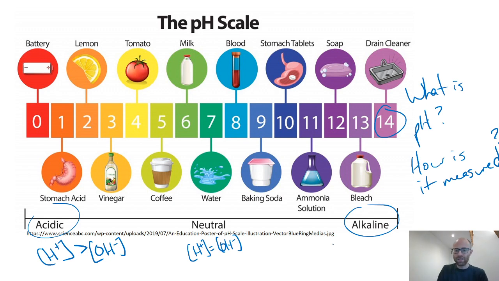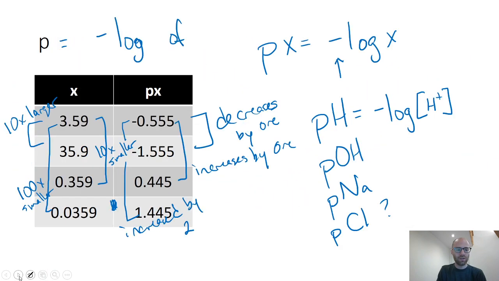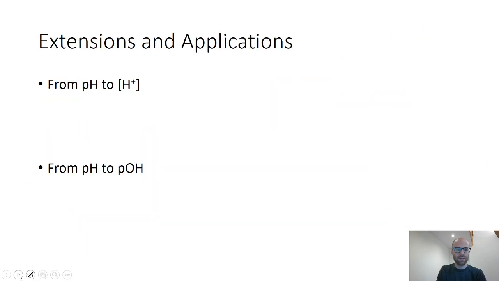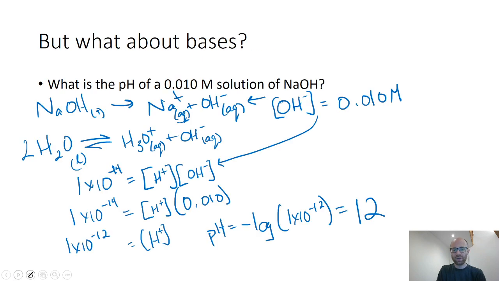And in an alkaline solution, that doesn't mean just hydroxide. All that means is that the H plus concentration is less than the hydroxide ion concentration. You add base, the hydroxide ion concentration goes up, the hydronium concentration goes down. And you can actually make all of these relationships in a pretty straightforward fashion.